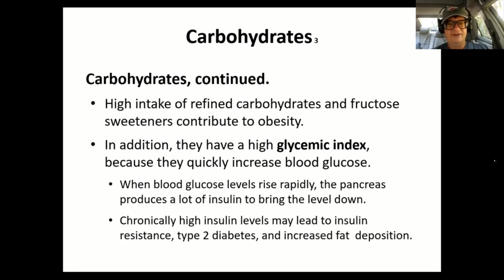Okay, if you take in a whole bunch of carbs, it contributes to obesity. And let's see, the refined carbs tend to make your glucose level in your blood shoot high very quickly, and that can cause diabetes, insulin resistance.